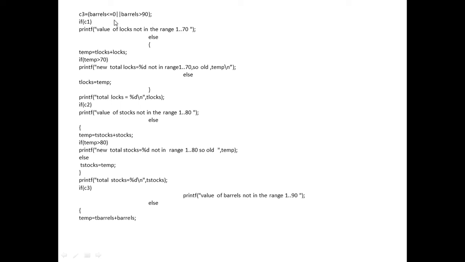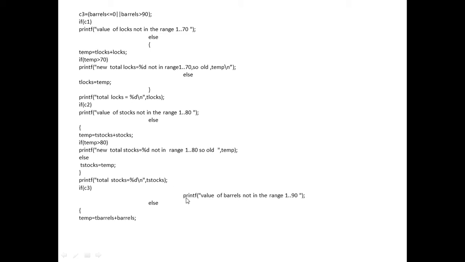So if condition C1 is satisfied, if it is in the range 1 to 70, then you can calculate the total locks. If it is greater than 70, if it exceeds the range, then you can say that it is not in range. It is exceeded. Similarly, you need to check this for stocks and barrels.